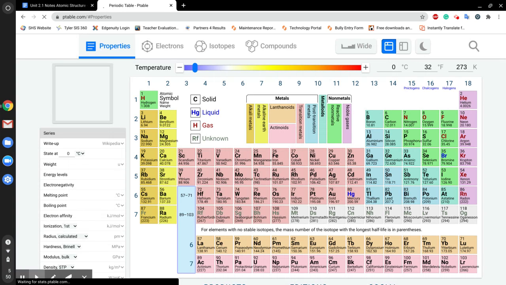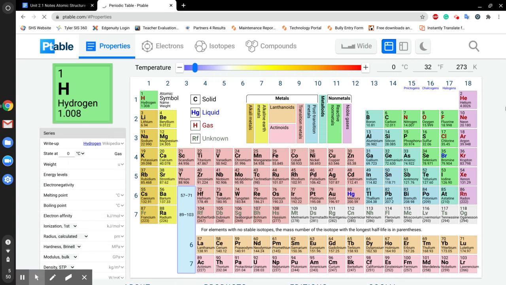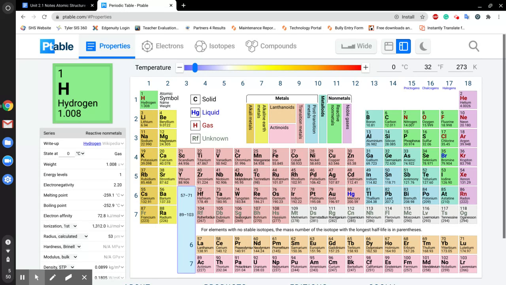Now, ptable.com is pretty cool. And not because I'm weird about it, but when you need to know certain properties of a particular element in the periodic table, it's really helpful if you know what to look for and what you're supposed to be doing.